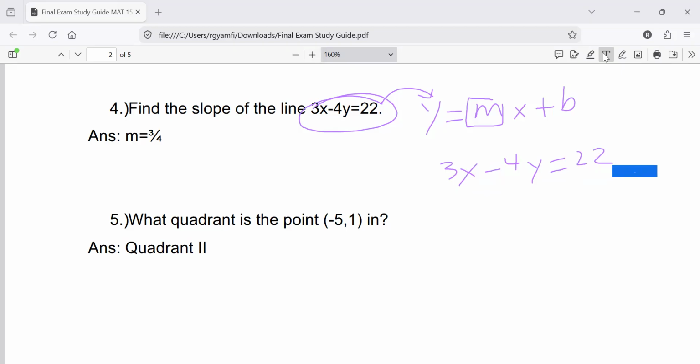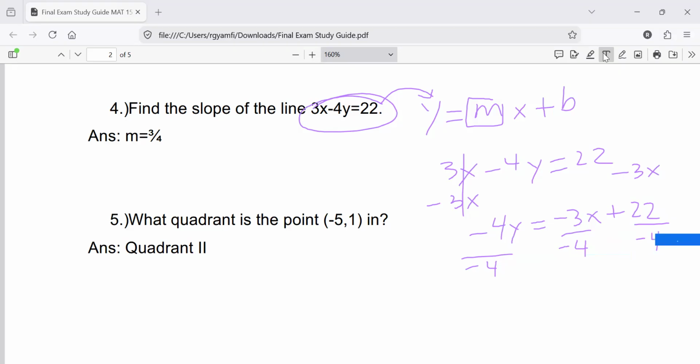For y to stand alone, because that's what I want, I'm going to subtract 3x from both sides, and this will go to 0. So -4y equals -3x plus 22. So I'm going to divide each term by -4 because I want y to stand alone. So -4, -4, -4, like that.